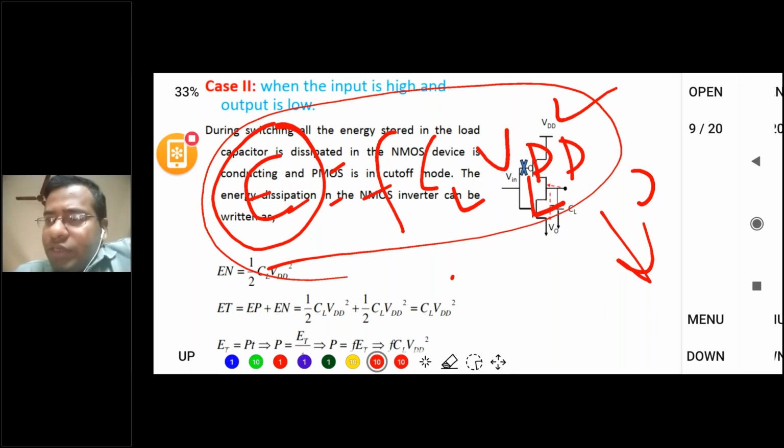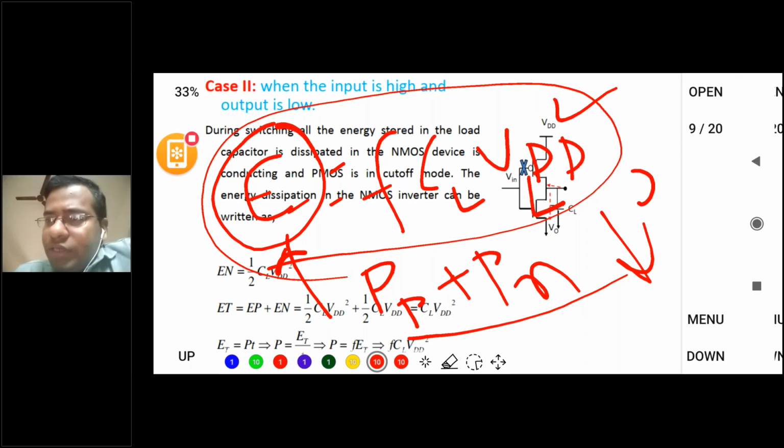So this is a derivation of the dynamic power dissipation. Already I discussed case 1, case 2. If you apply these two cases and find the two powers, PP plus PN, and then you add these two power dissipations, you get the energy dissipation.